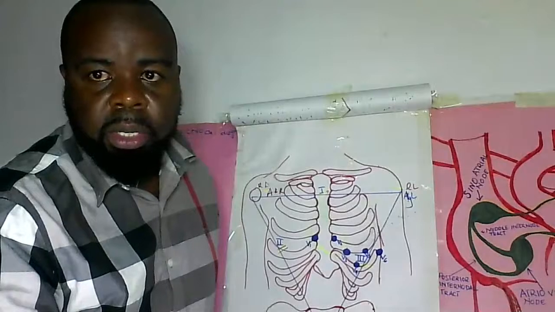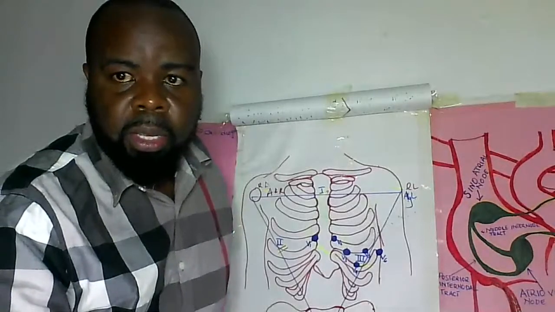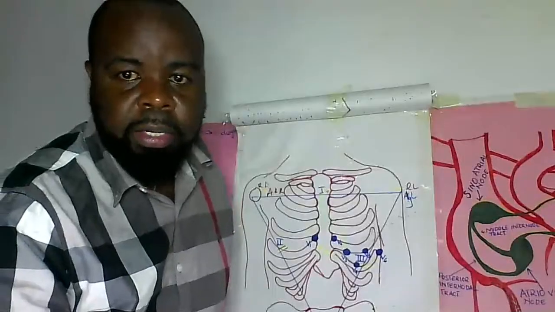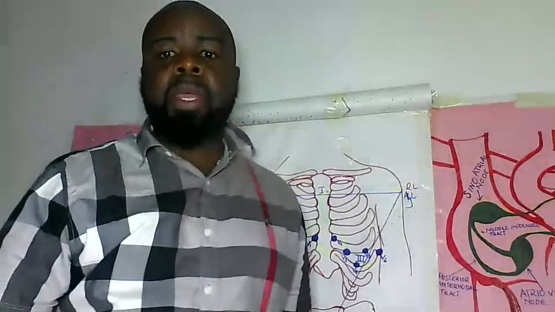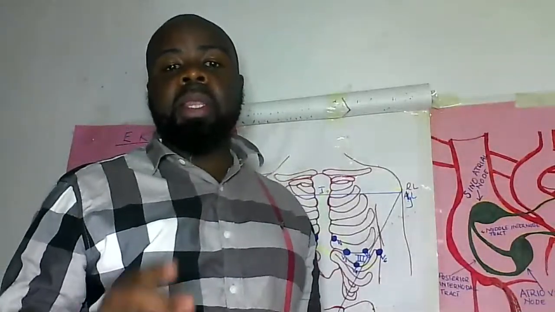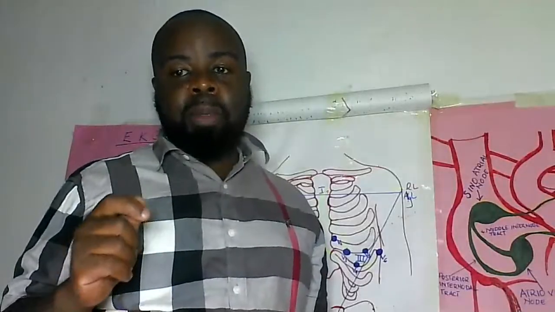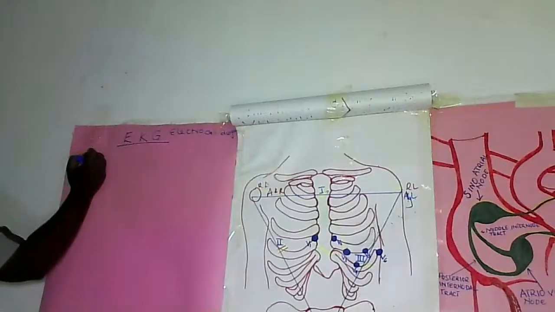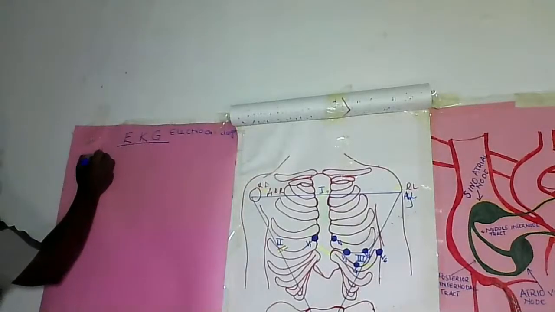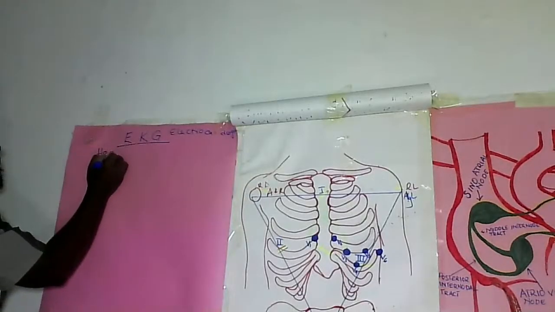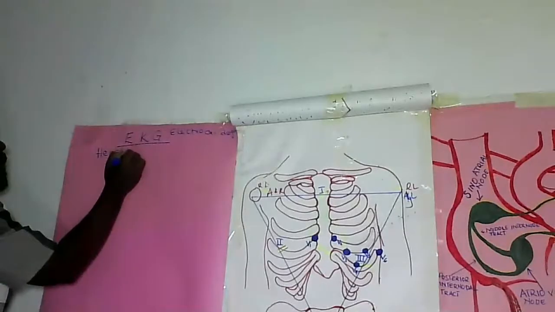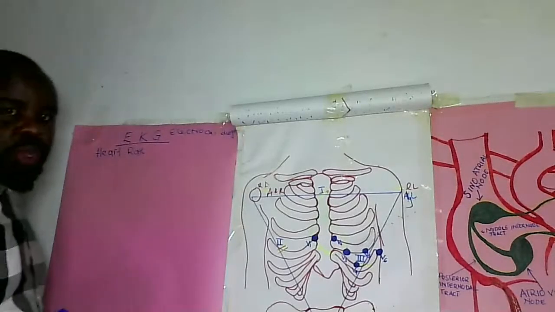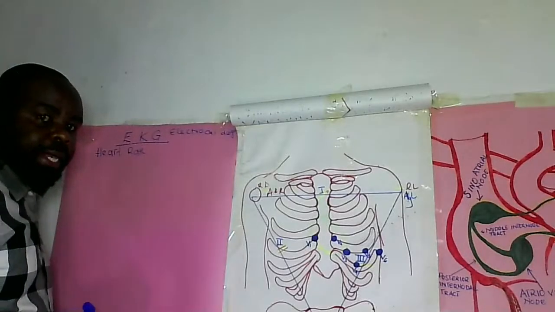The first thing that you need to understand on EKG is the heart rate, the rhythm, the P wave, the PR interval. There are several things like heart rate.